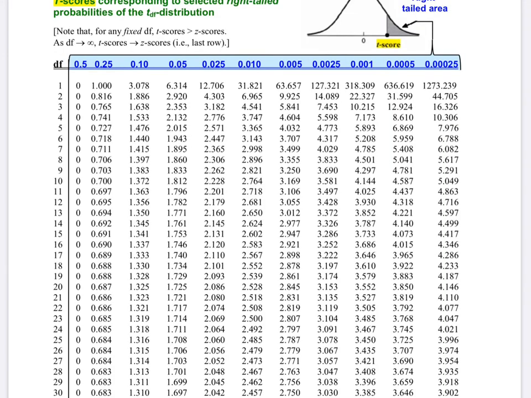Okay, so here's what the t table looks like. In the first column here, you have the degrees of freedom. So the degrees of freedom goes from 1, 2, 3, 4, 5, all the way to 30, and so on and so forth. For each degrees of freedom, you have a different t distribution. Across the top, you have the area to the right of a t-score.